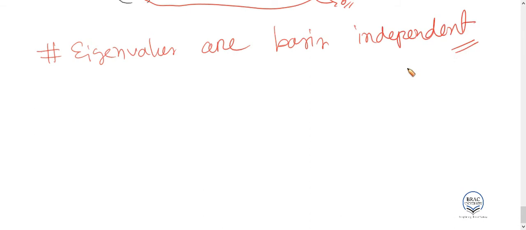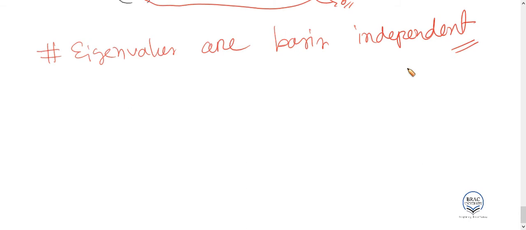This is a very important thing to remember, because if you have a similarity transformation, something we haven't discussed yet in our videos, but from your assignments you have seen that under some similarity transformation, the trace or the determinant don't get changed. And what we will see in future lectures is that eigenvalues will be basis independent. So that's why they will be very important to us.